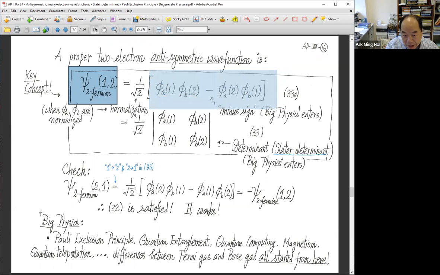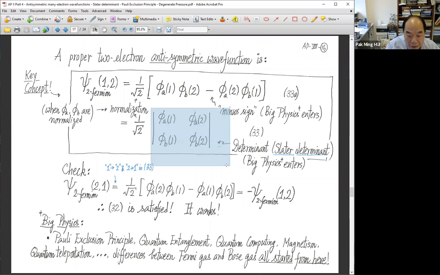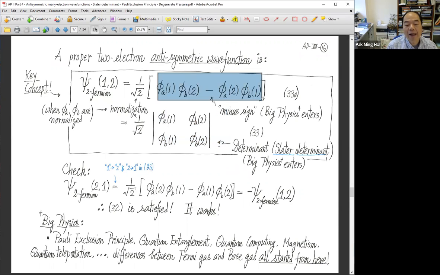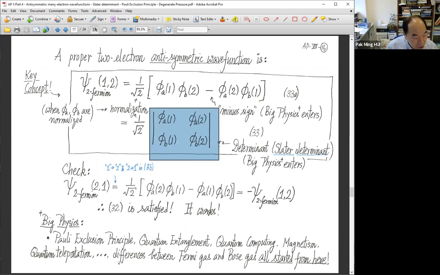But let's focus on this combination with a minus sign. It can be written as a determinant. I hope that at least you know how to multiply out a 2 by 2 determinant. It is not a matrix, because a determinant is a symbol where you multiply the diagonal terms, minus the off-diagonal terms multiplied with each other. But writing it in this determinant form is very suggestive.